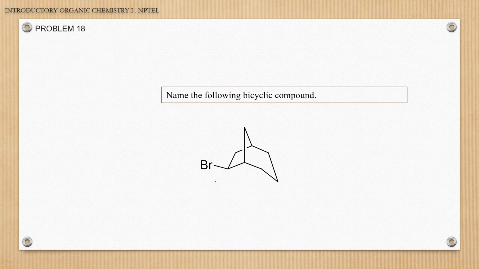Here also, I have told you that you first have to number the ring which has the higher number of carbons. There is a competition here between this ring and this ring, because in this ring you have 1 2 and in this ring you have 1 2 and 3 carbon atoms. Is it visible to everyone how I am seeing the carbon atoms?